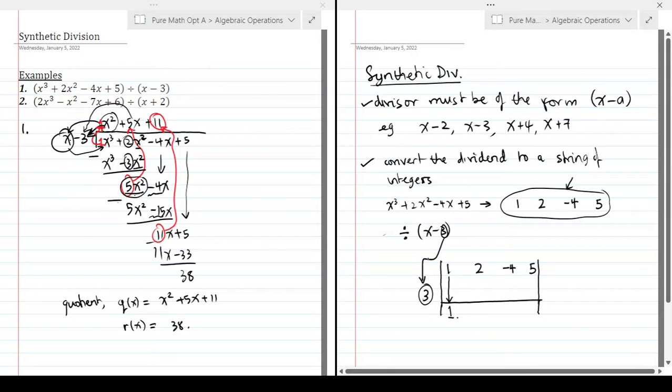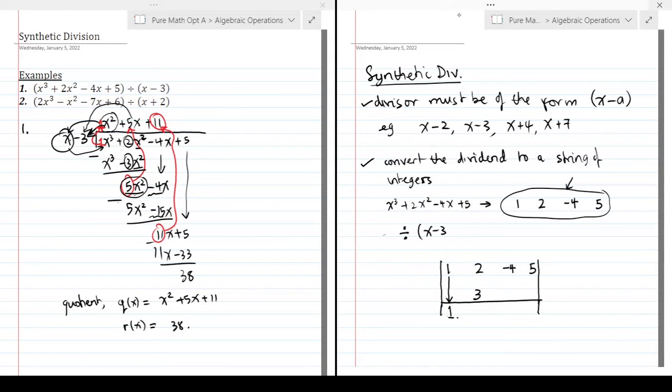Anyway, as I was saying, I'm going to do 3 multiplied by 1 is 3. Actually, I'm going to alter things a little bit, because I know that you all are accustomed to doing long division, so I don't want to have the process too different. So I'm going to change what I just told you.